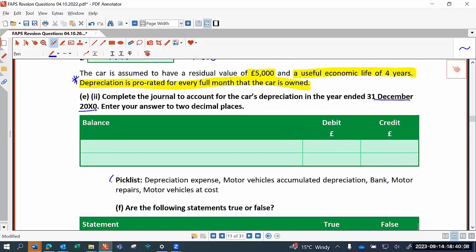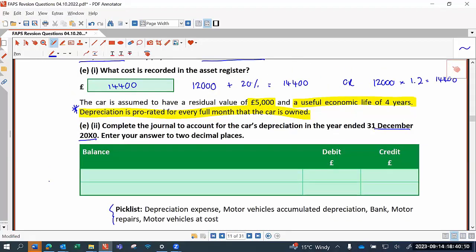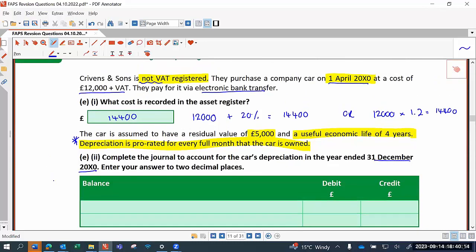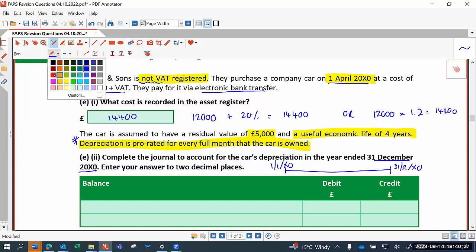We've got a little pick list as well for our account headings. Let's start with the numbers. So if I had a little timeline, my year end is December of XD0. So my year started in January in XD0. And I bought this car somewhere here in April. And I only want to depreciate it for the months that I actually own it.